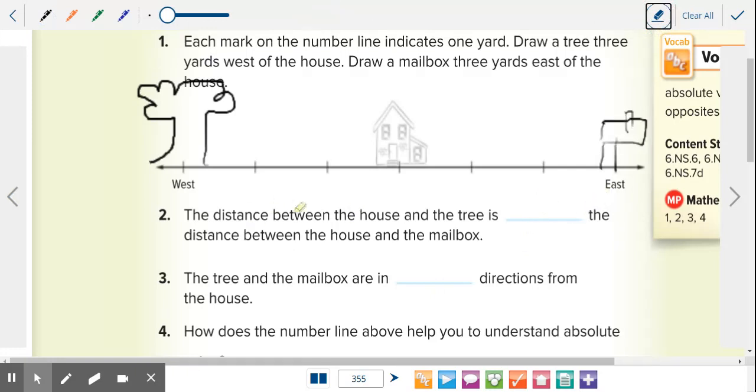The distance between the house and the tree is blank the distance between the house and the mailbox. This is 3 units away. That was 3 units away. So what can we say they are? The same. They're equal to. The distance between the house and the tree is equal to the distance between the house and the mailbox. It's the same amount. They both went 3 yards west and 3 yards east.